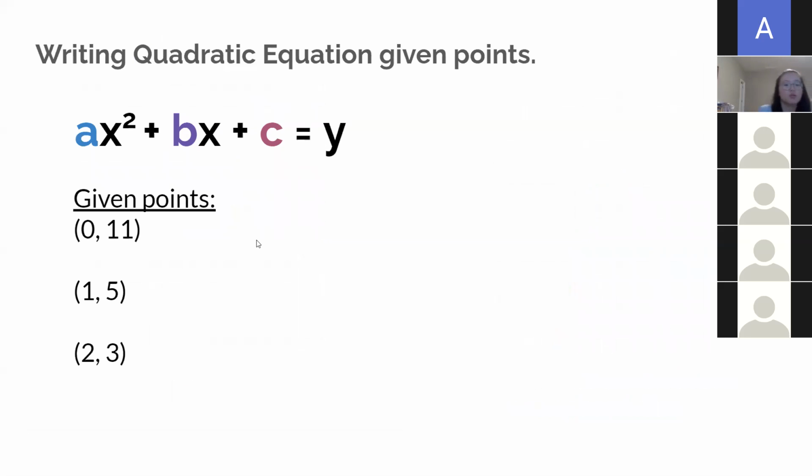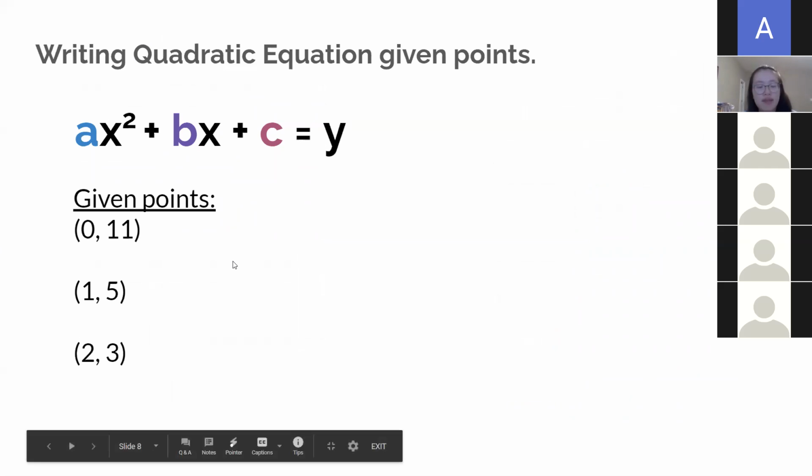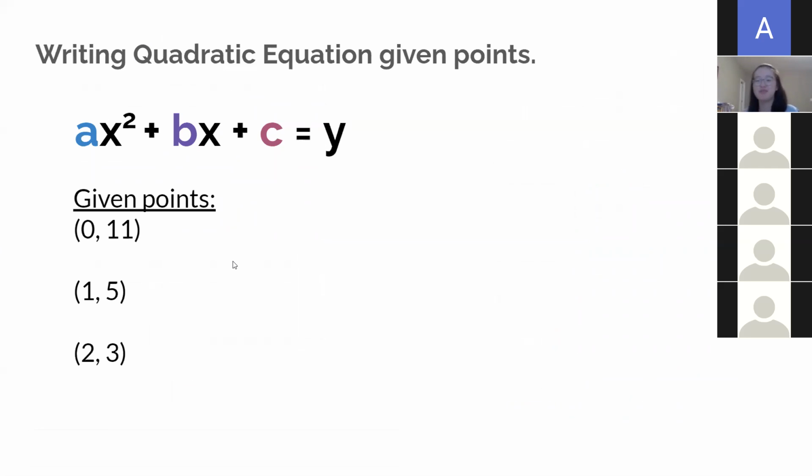Okay, so this might be pretty hard, but now we're going to try to write a quadratic equation given some points. The points that we have are 0, 11, 1, 5, and 2, 3. Does anybody have any idea on how we start to solve this problem?